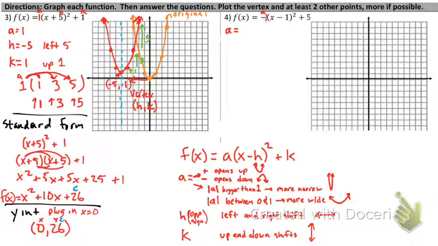Okay, it's actually -1. Okay, our h value is here, but remember opposite sign, so that's going to be +1. And our k value is here.